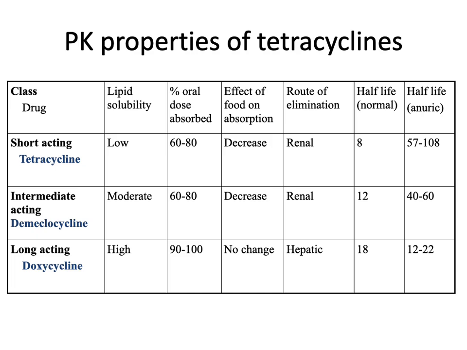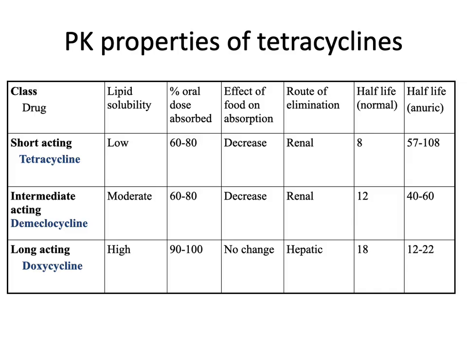And here's a table showing what I just mentioned. So we have tetracycline here and doxycycline here. So tetracycline has low lipid solubility, and hence I expect a lesser absorption orally when compared to doxycycline. I expect some effect with food. Why? Because it's sitting there instead of being absorbed quite quickly.